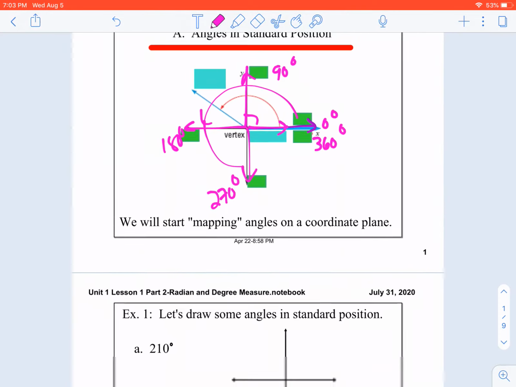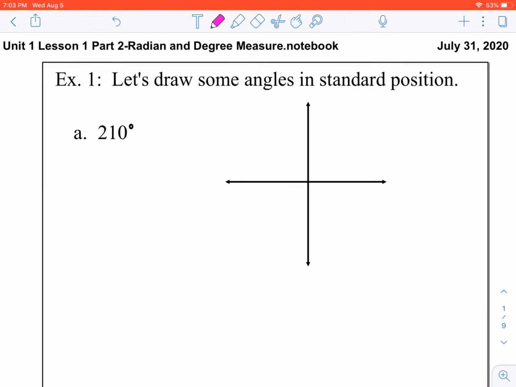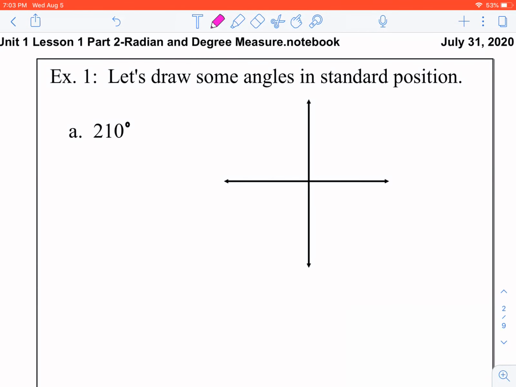So let's start mapping some angles in a coordinate plane. I'm not going to be the graph police. I want you to try to be as accurate as possible, but it is not necessary to use a protractor. When I want you to draw a 210-degree angle, remember we always start at the positive x-axis. This is 90, this is 180, this is 270. 210 is going to fall somewhere over here in the third quadrant.